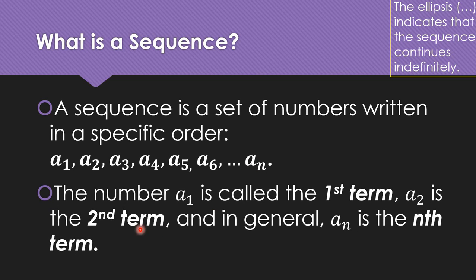So again, here, the number a sub 1, this one, is called the first term. So in mathematics, pag nagsulat tayo dyan sa sequence, understood yan na ang sinusolve natin is the first term in the given sequence. And then a sub 2 is the second term.